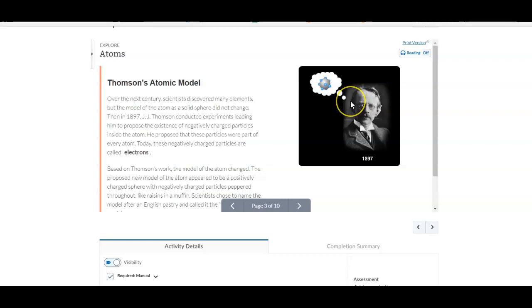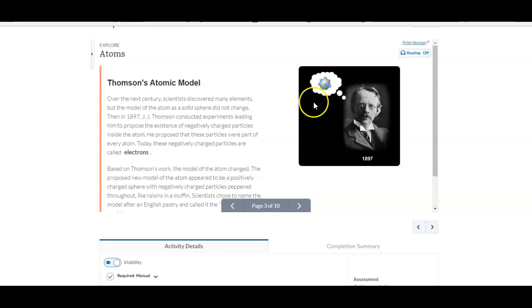Question 4 says, how did Thomson's atomic model differ from Dalton's? If you remember, Dalton's model was just a round sphere and everything was in it. Thomson figured out that electrons are there, but they're sticking out, if you notice the blue dots here, on the outside. So you notice there is something different.